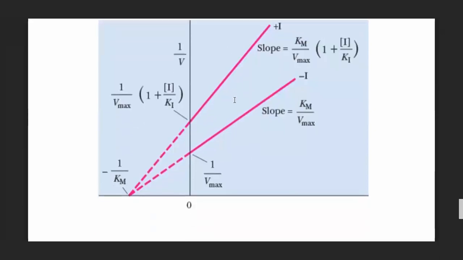Again, you see this is minus I, meaning in the absence of the inhibitor of this type. Again, we have this normal plot. The y-intercept equals 1 over Vmax and the x-intercept is minus 1 over Km.